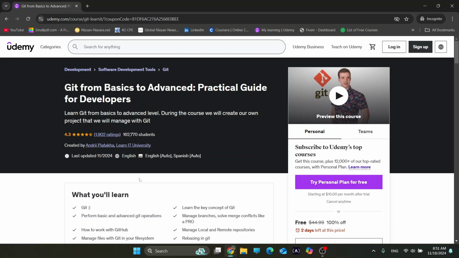Like that you can earn a lot of skills and knowledge about Git concepts. If you are an IT industry worker or a student, this course is very good and very useful for your work.